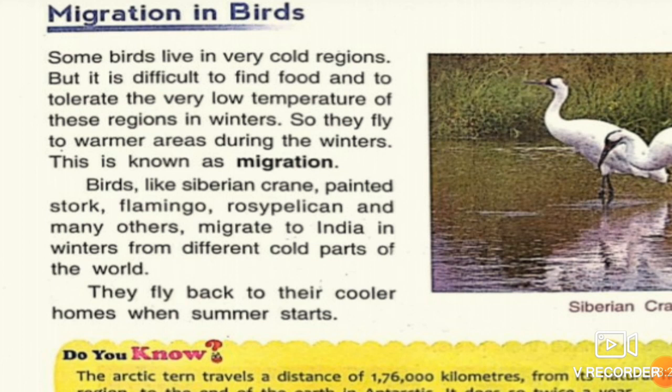As these are cold regions of the earth, in summer the temperature is also very low as compared to the plains, but when winter comes, these places become quite unfavorable for the birds. So in winter, these birds fly to a place where ecological conditions suit them, and this process is known as migration.